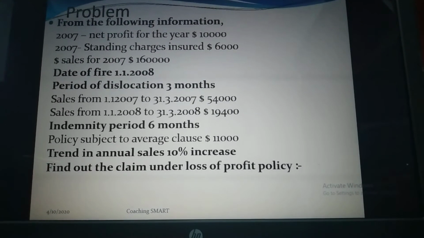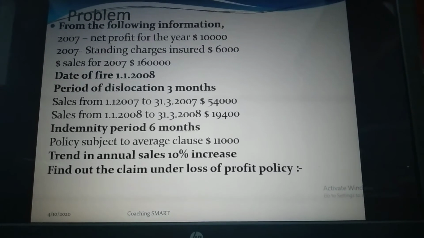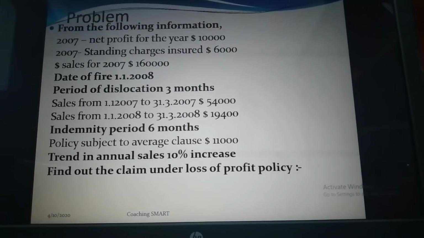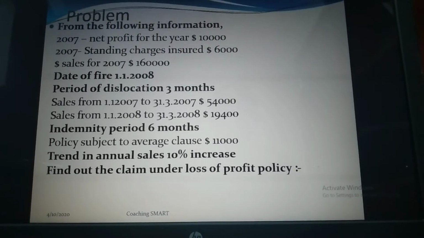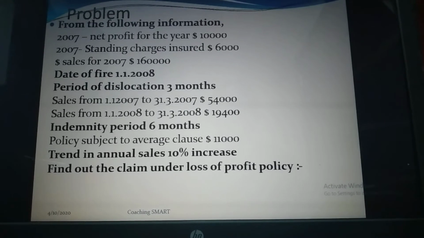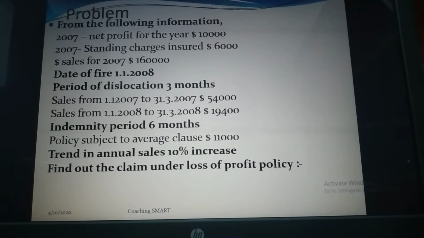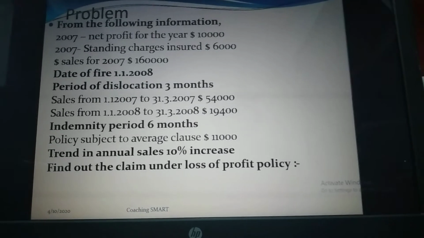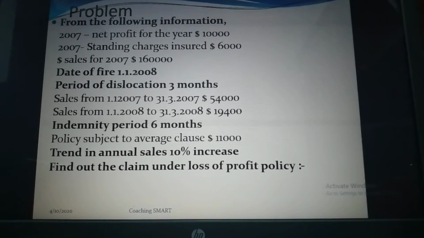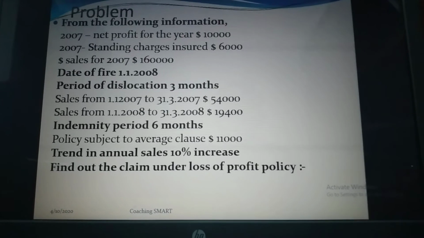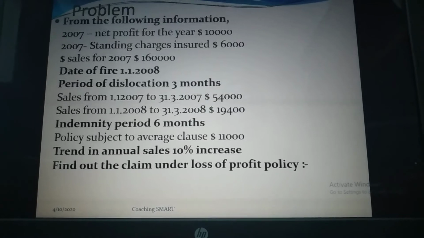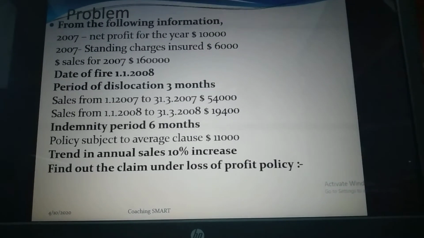Sales from 1st January 2007 to 31st March 2007 is 54,000. Sales from 1st January 2008 to 31st March 2008 is 19,400. Indemnity period is 6 months. Policy subject to average clause 11,000. Trend in annual sales is 10% increase. Find out the claim under the loss of profit policy.